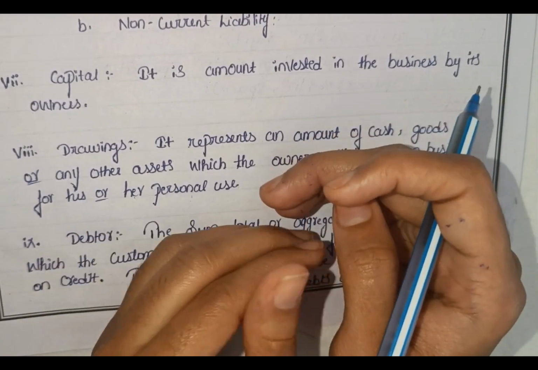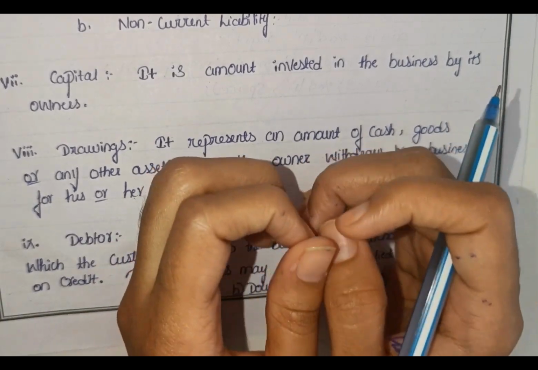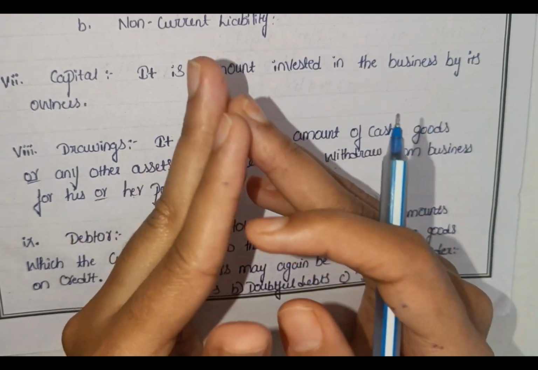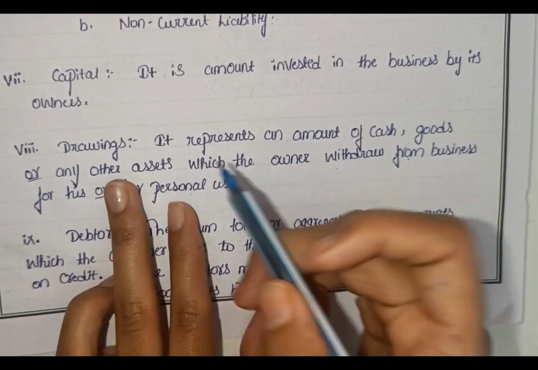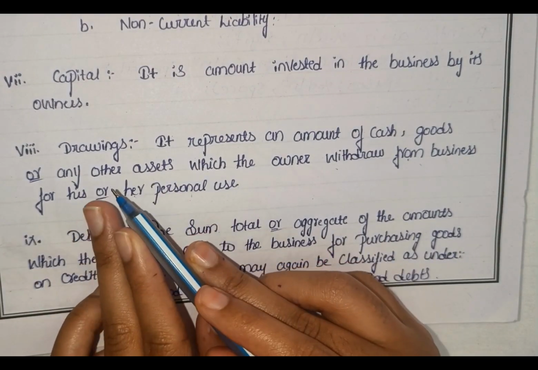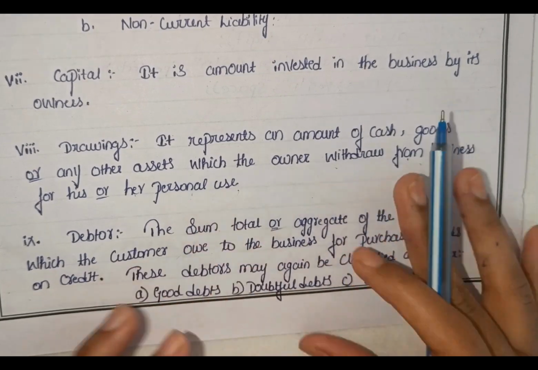No. Fire insurance is considered a company's insurance. Life insurance is always made for their own life or for his or her family. So when the owner withdraws an amount for personal use, it is called drawings.